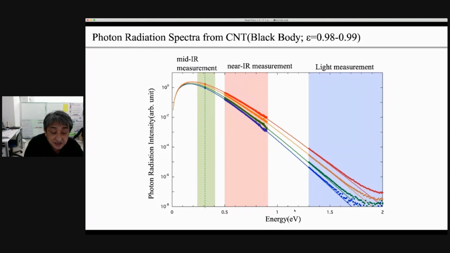Therefore, the sensitivity of various measurement devices was corrected using the distribution of black body radiation. This green area is the mid-IR detectors, the red region is the near infrared region, and the blue is the visible region we observed. So we are able to measure a large part of the radiation of the light.